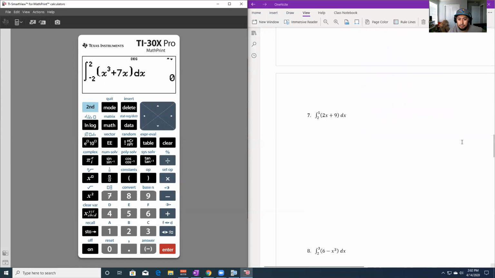Perfect. Keep moving. Number 7, 2x plus 9. Let's do it. 2x. We'll leave the 2 outside, and we're just taking the antiderivative of that x, which will become x squared over 2 by the power rule, plus the antiderivative of 9, which is 9x.